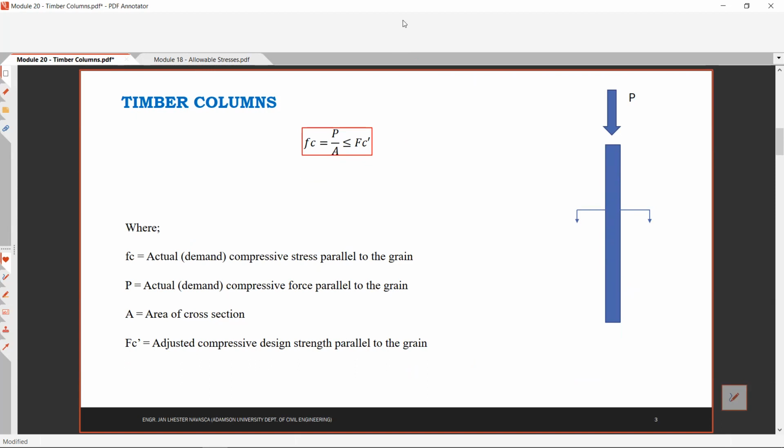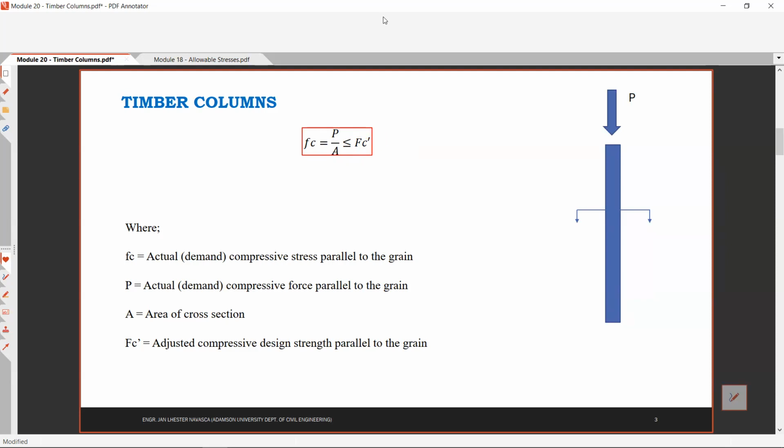By strength of materials, you all know that the compressive stress is equal to force over area, or P over A. The actual compressive stress shall be less than or equal to the allowable compressive stress, Fc prime, the adjusted compressive design strength. By formula, fc = P/A shall be less than or equal to Fc prime.